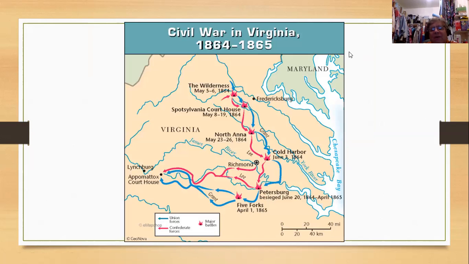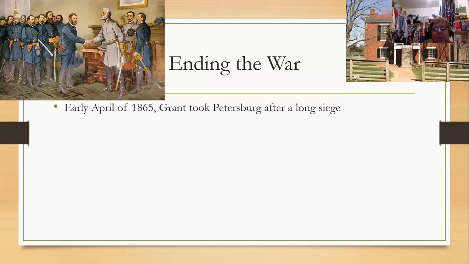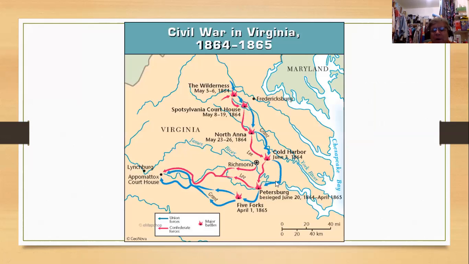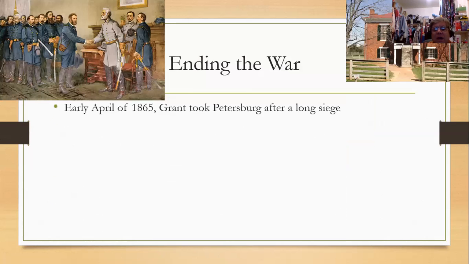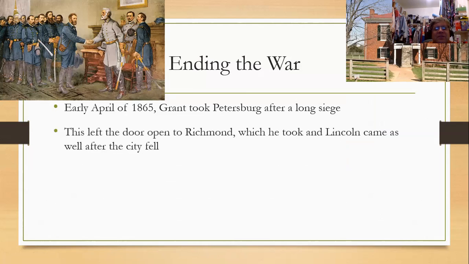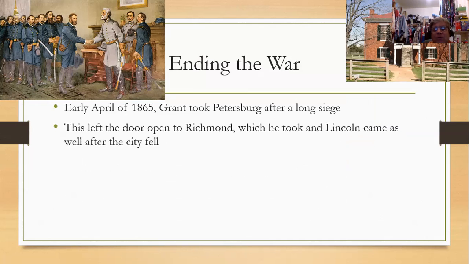But meanwhile, you have Grant and Lee that are fighting a series of battles in Northern Virginia. Grant takes Petersburg, as you can see here, in a long battle that lasts several months. When that occurs in April of 1865, it leaves the door open to Richmond.